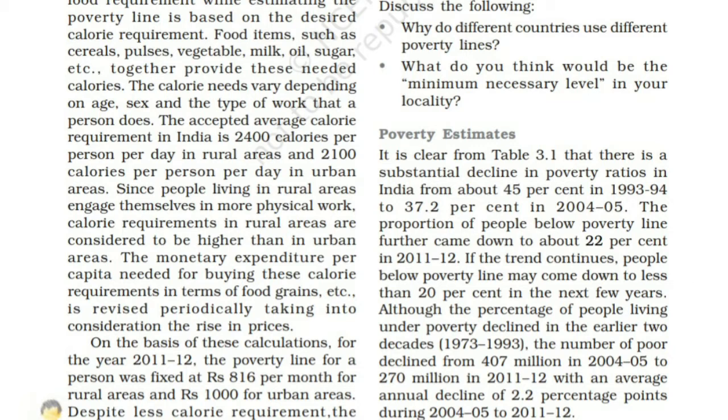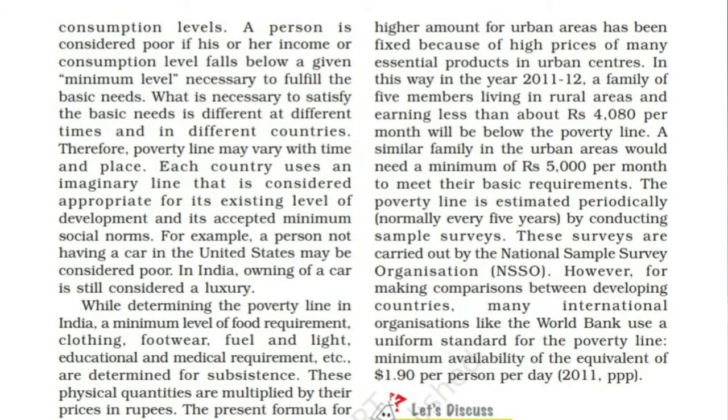How did this increase happen in the urban area? Because they need fewer calories than the rural area. The thing is that despite less caloric requirement, the higher amount for urban areas has been fixed because of the high prices of many essential products in urban centers.